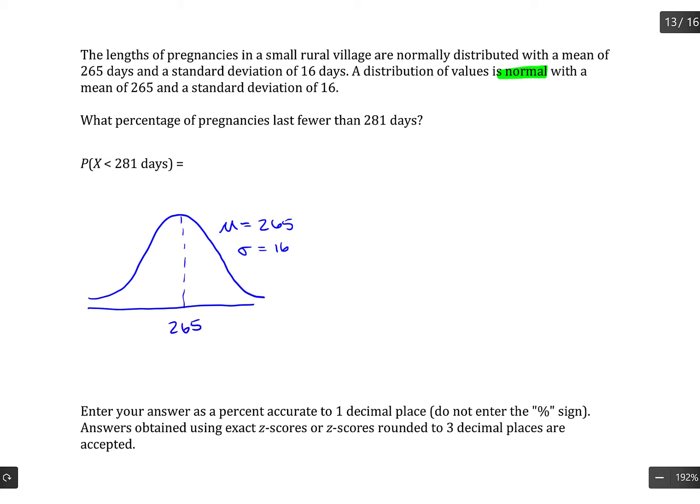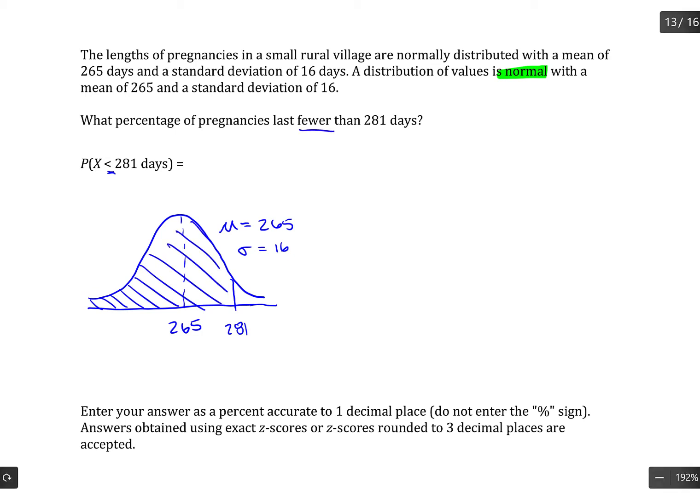The mean is located right in the center of your distribution. It's good to just indicate that. 281 then is just something bigger than 265. And since you want the probability of pregnancies that last fewer than 281 days, we will shade to the left.